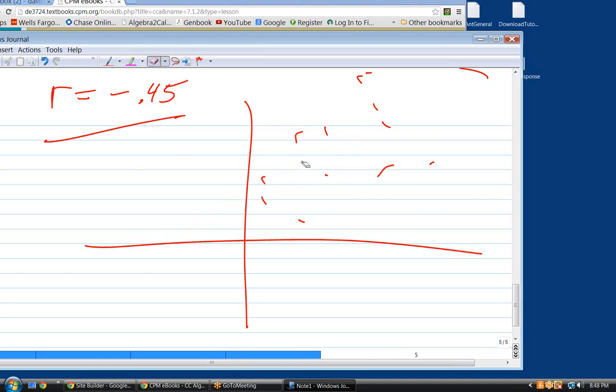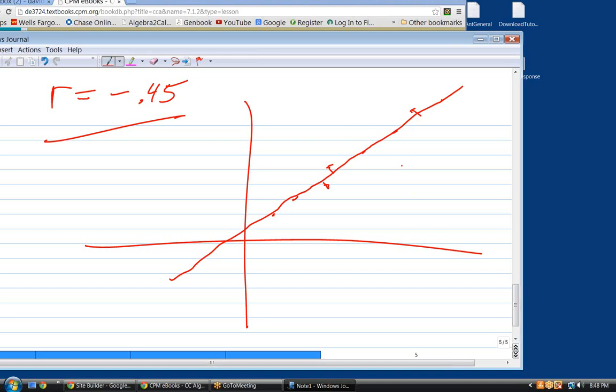If I had a high value of r, all my data points would be very close together. So that when I draw my straight line through that set of data points, there's not a whole lot of distance. If I add up all those distances, I get a very low number.